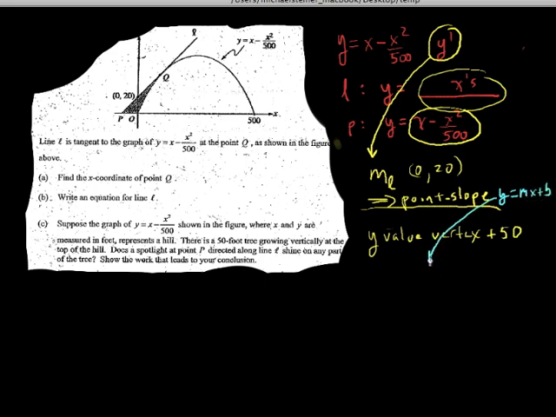We'll use our equation of the line and evaluate that at x equals 250 and see if it does in fact reach that height right there. So that's our roadmap. I'm going to use my calculator on the next part and find those values.